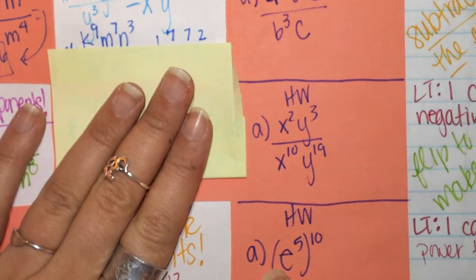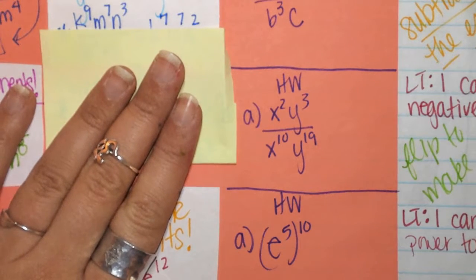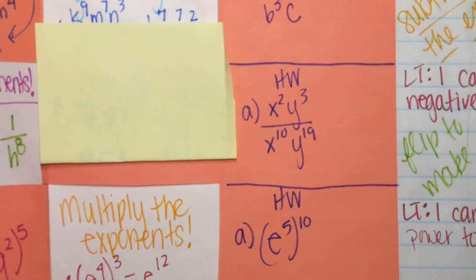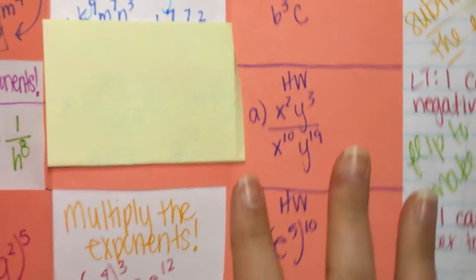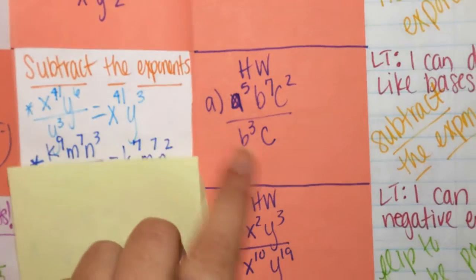Has everybody written down the bottom one? No. Please write down the bottom one so I can move up. Alright, there's your last one, which is 9a.